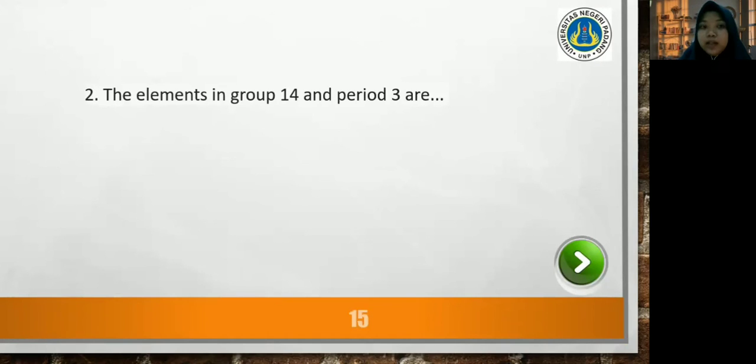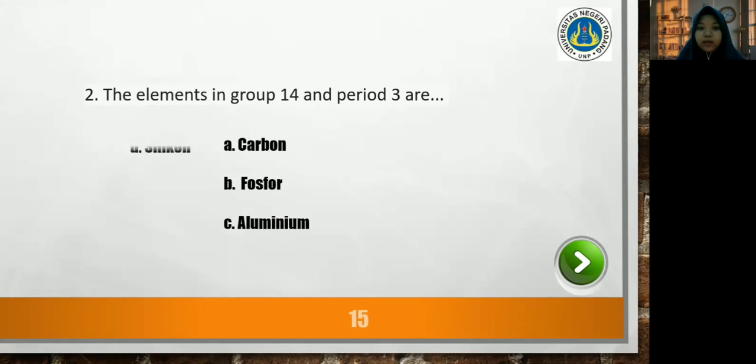Okay, next the second question. The elements in group 14 and period 3 are... we can see there are 4 options. We can try to answer by choosing option B. We can say this is a false answer.